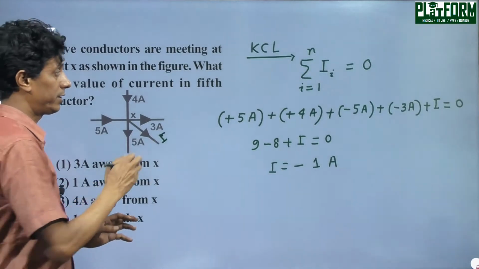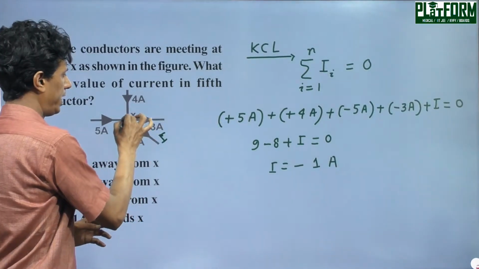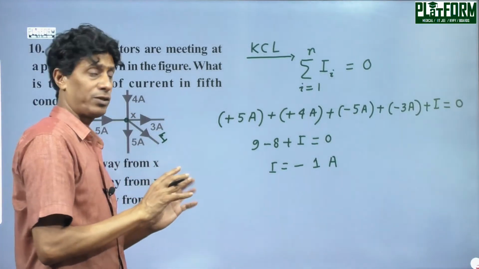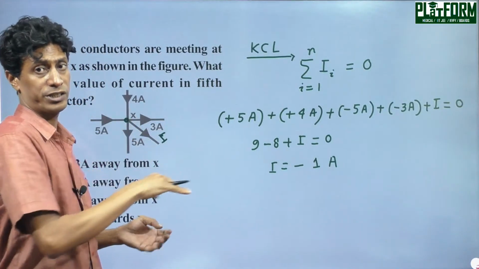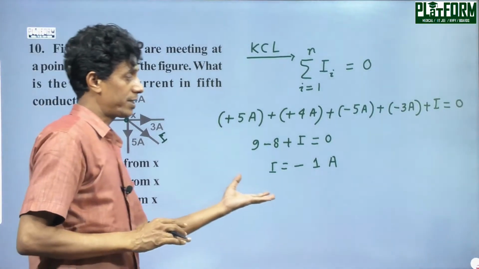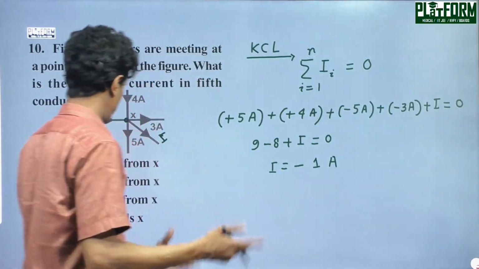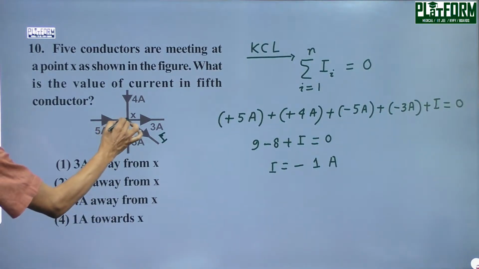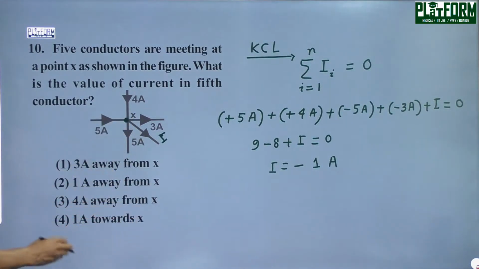I have taken plus when any current is entering the junction, and minus when any current is leaving the junction. Since the answer is minus 1 ampere, we can say 1 ampere away from the X. X is the junction. So the right option here is 2. Next problem.